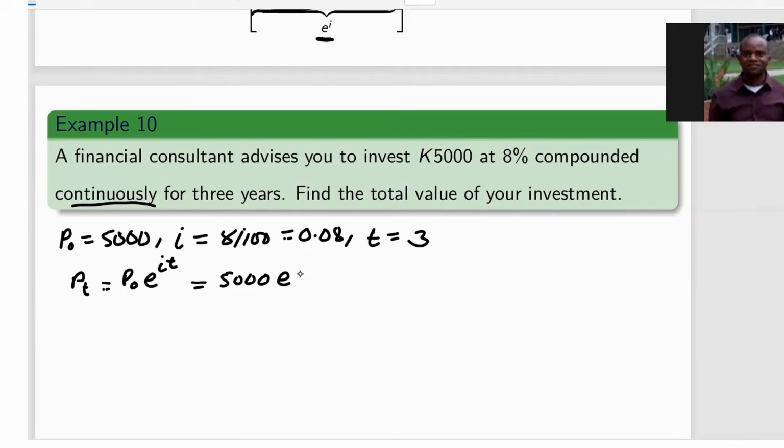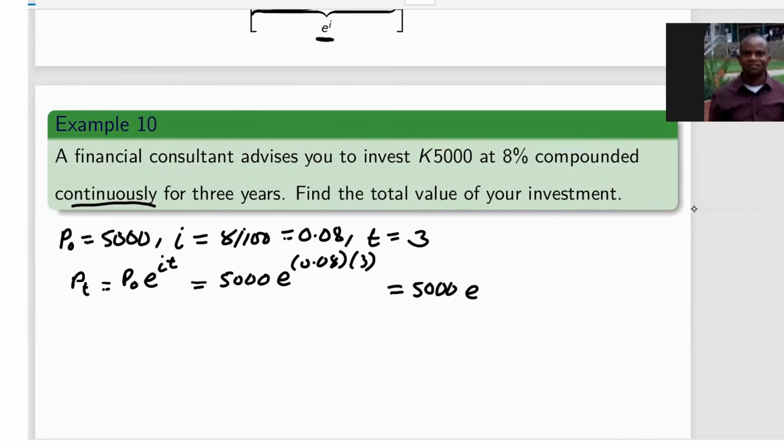Then i is 0.08 and t is 3. So you go to your calculator. Remember, some of the calculators are limited, so you start by computing the power there.